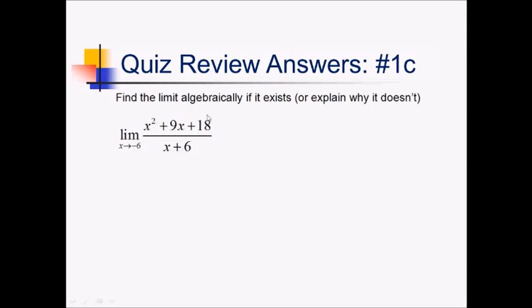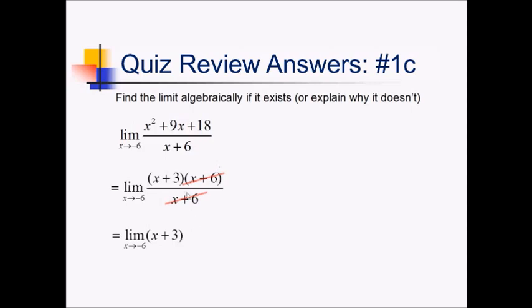So up top, two things that multiply to 18 and add up to 9, that would be 3 and 6. So we can factor the numerator like that, x plus 3, x plus 6. And now we see these x plus 6's actually cancel out. So that's what was giving you the 0 over 0 when you just plugged -6 in. But now we're just taking the limit as x approaches -6 of x plus 3.